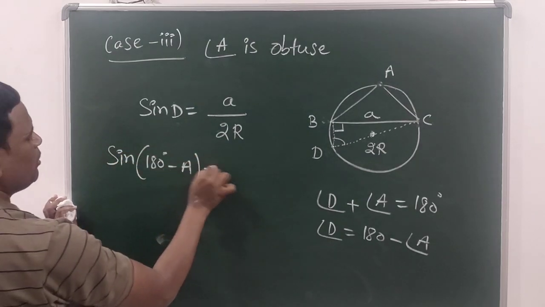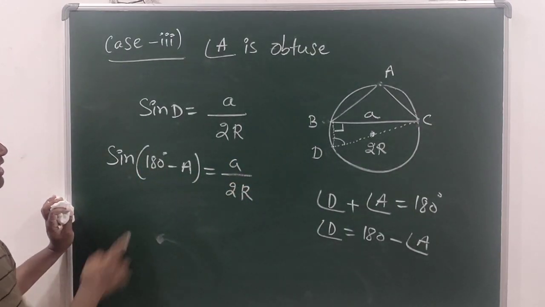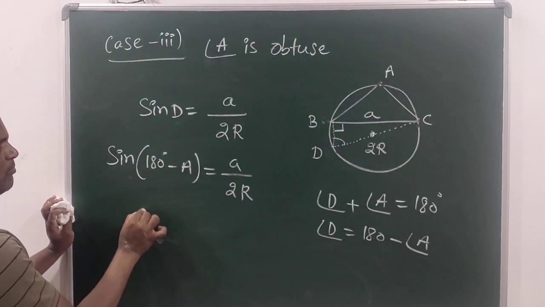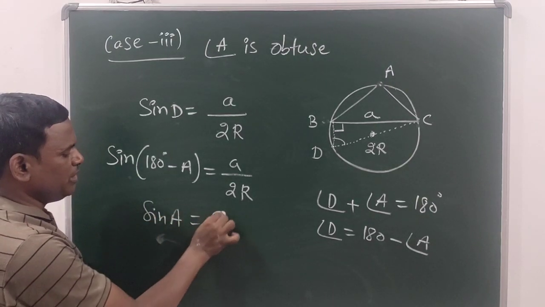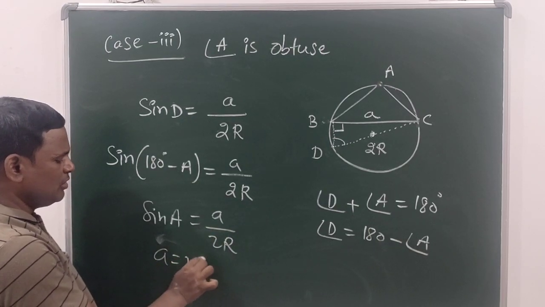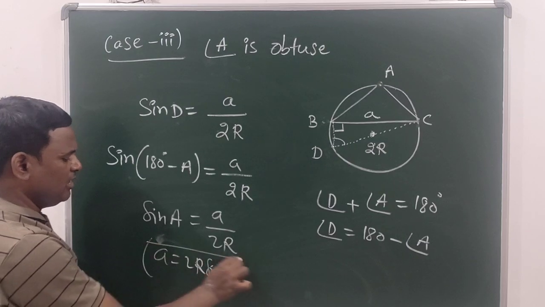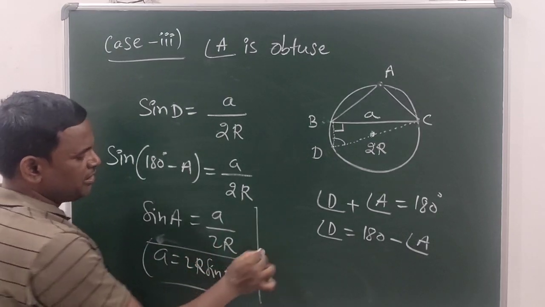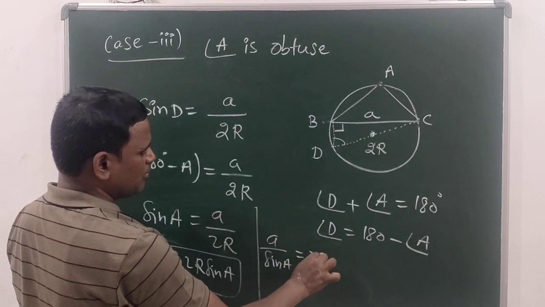Sin of 180 minus A is equal to a by 2R. Now you know sin 180 minus A is equal to sin A only, which is equal to a by 2R. So now a can be written, when you transfer this to the left side, as a equal to 2R sin A, or you can also write a by sin A is equal to 2R.